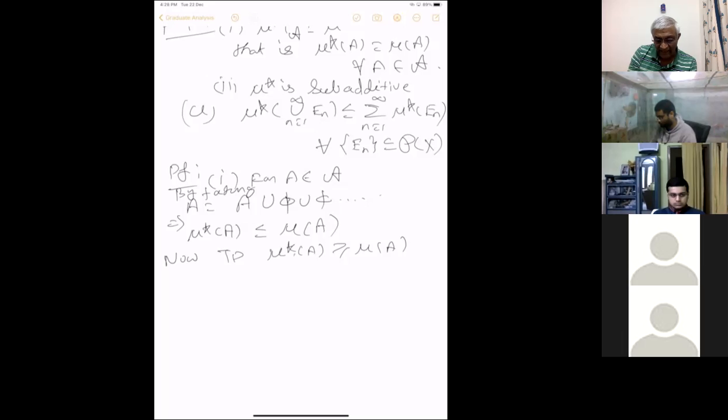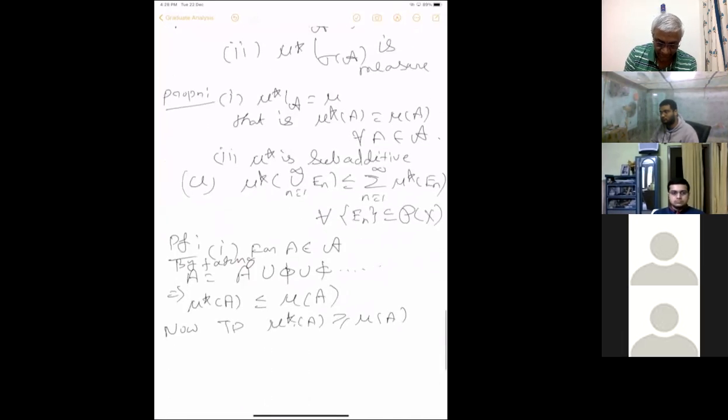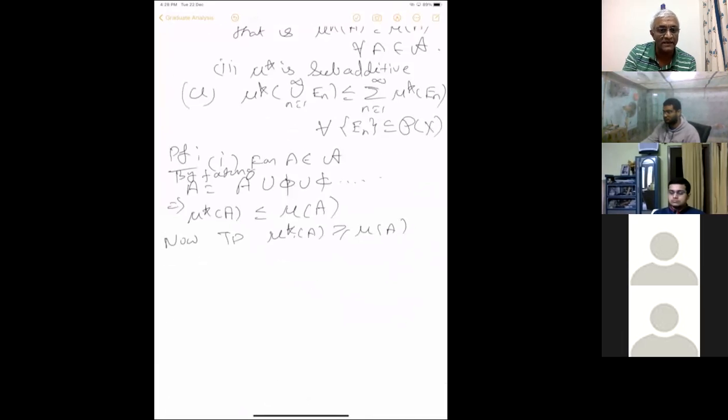To prove that, we take any collection An in the algebra which covers this A. Then we take this sum. For any such sum, it is greater than mu of A. Suppose you prove that, then if you take the infimum, that's also greater than that, right? Okay, the argument is clear.